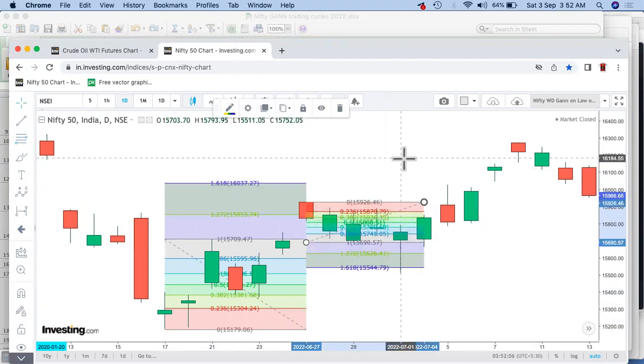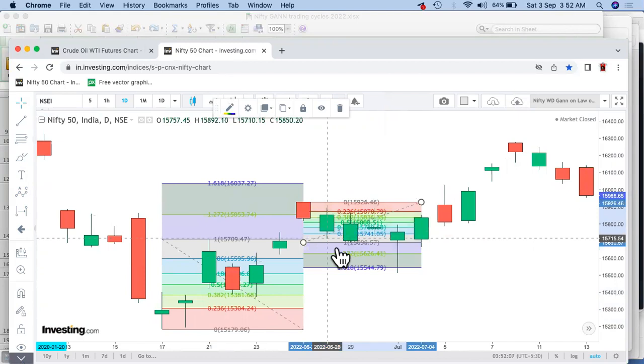If we look in terms of the wave, I had a low, a high, a reversal. The reversal is again coming at 0.236. Here it was nearer to 0.5, 0.236, but here it has been very accurate, it came down exactly at 0.236, and from there it did reverse back.